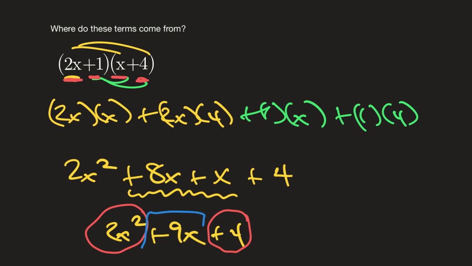Now you see this term right here, the one that I just boxed in blue? That's the problem. This is the term that becomes the problem when factoring. Okay? Where did 9x come from? Look at what 9x came from. 9x was a combination of a couple of terms. It was a combination of those two products, 2x times 4 and 1x.